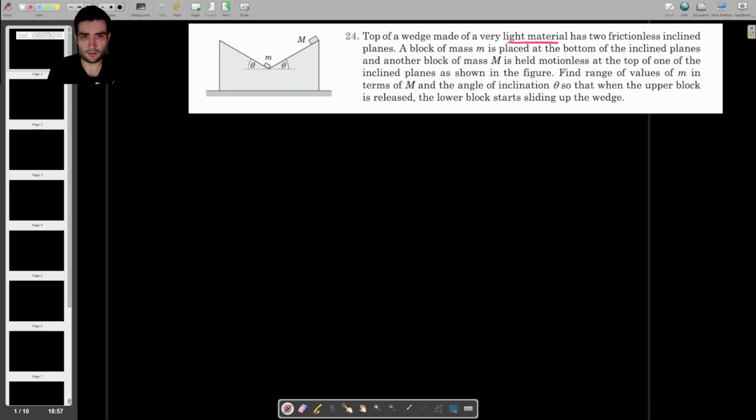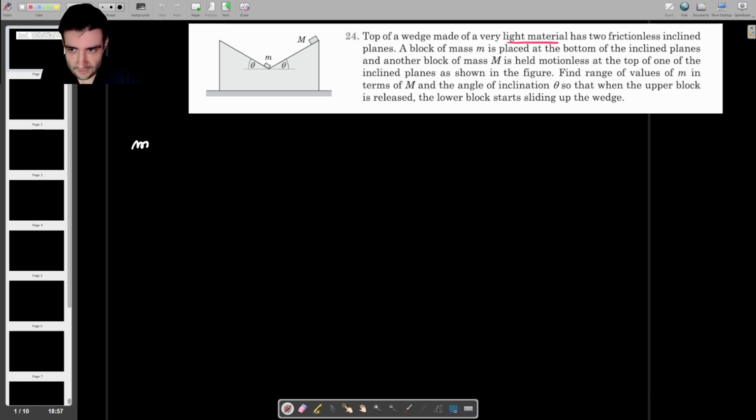And then we have a block of mass m, which is placed at the bottom of the inclined planes, and another block which has a mass capital M, which is, for now, held motionless at the top of the inclined plane on the right. And what we have to find is the range of values of m.